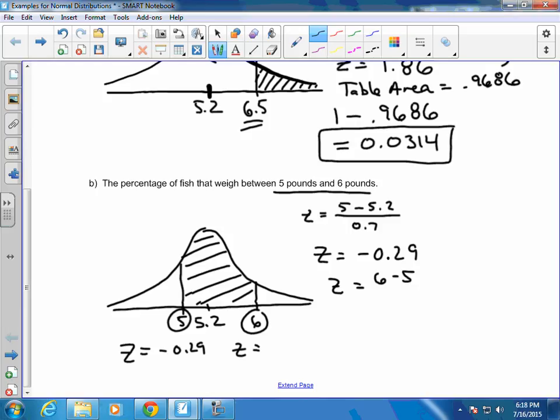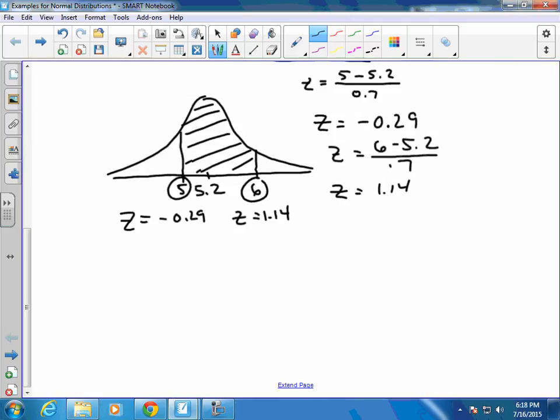And if we convert the 6 into a z-score, I get 1.14. So now we're trying to find the area between a z-score of negative 0.29 and 1.14. Whatever that area is, it'll be the same as the area in our case between 5 and 6.